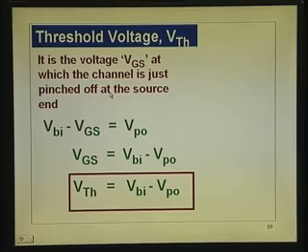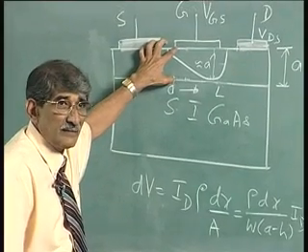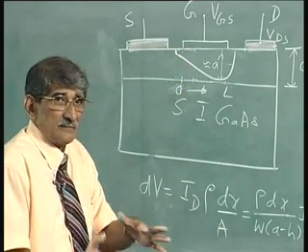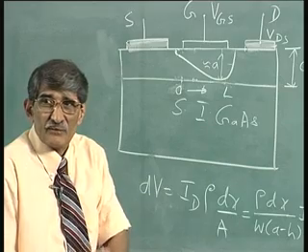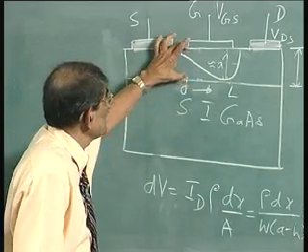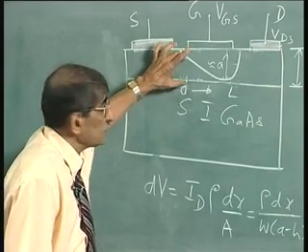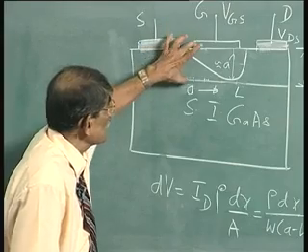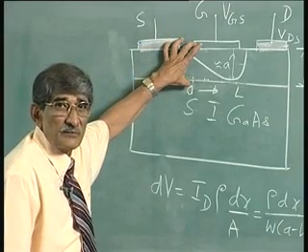Okay. Suppose I apply voltage V g s, such that, as I mentioned some time back, you can prevent the current flow, that is, just make the current equal to 0, or just allow the current to start flowing when this is closed here, and this is closed here when the potential drop from the gate to this end is equal to V p 0.